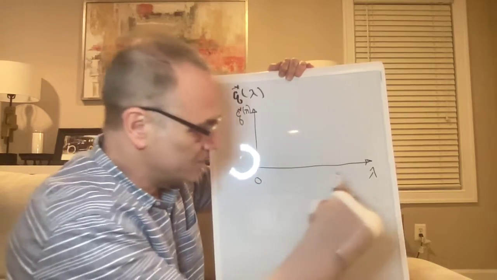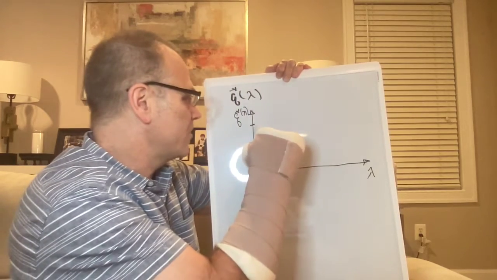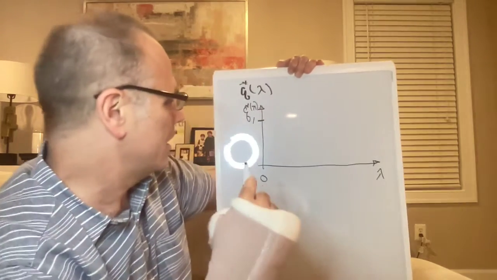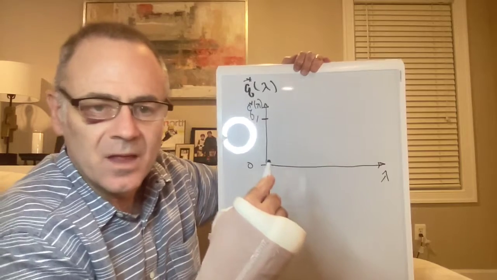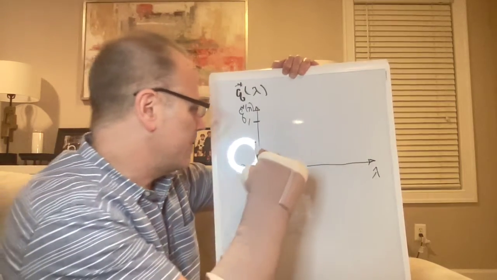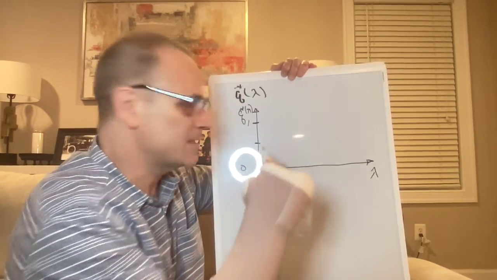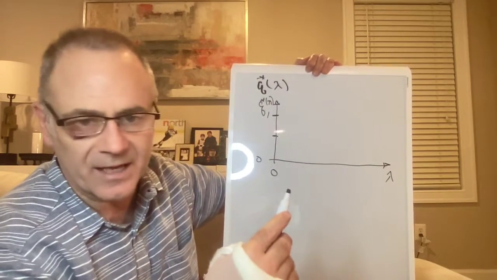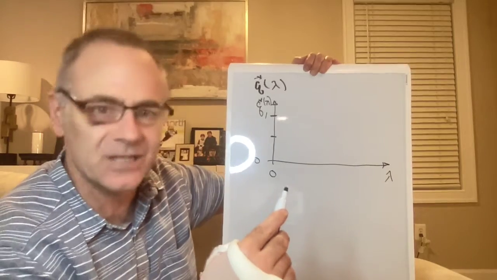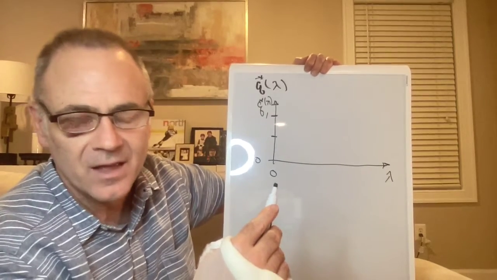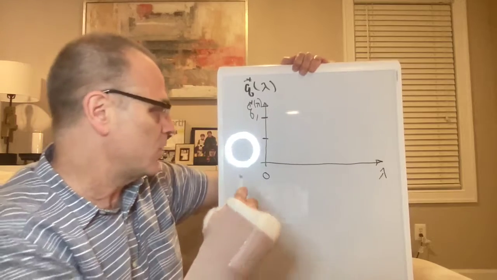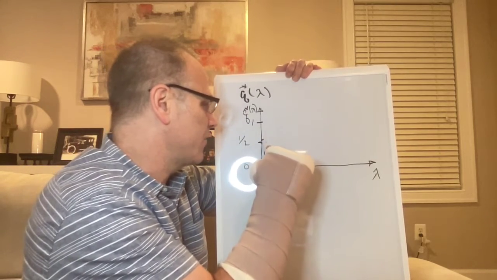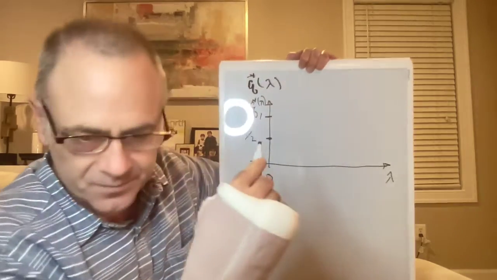So lambda goes from 0 to infinity, and then Q has got to be between 0 and 1. Now we know that when lambda equals 0, that's the case when both players just completely randomize. They pick their actions completely randomly. They pick each action with equal probability. And so what that means is Q has to equal 1/2 when lambda equals 0. So we know we've got a result there.